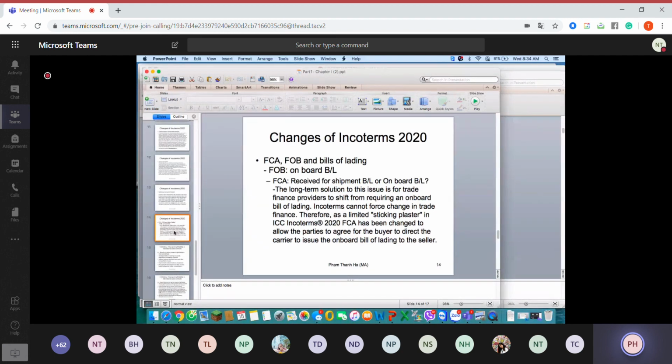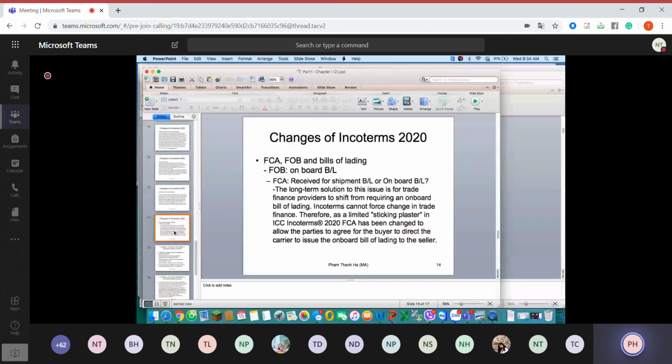On the one hand, we have to apply the FCA term and condition in the sales contract, and on the other hand, we have to apply the letter of credit, which requires the seller to submit the onboard bill of lading. So in order to cope with such a challenge for the FCA in the previous versions, the newest version has such changes. It means for the FCA, if we would like to use the onboard bill of lading, that's fine.